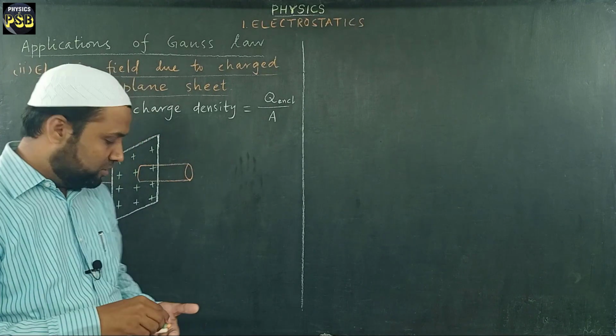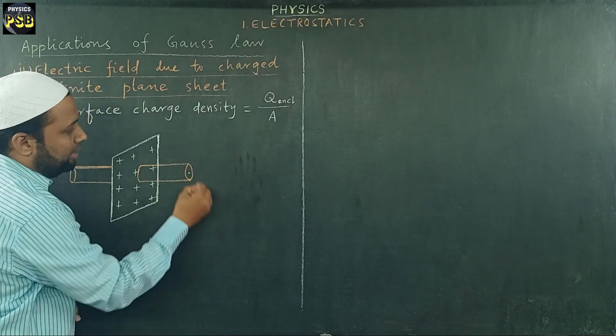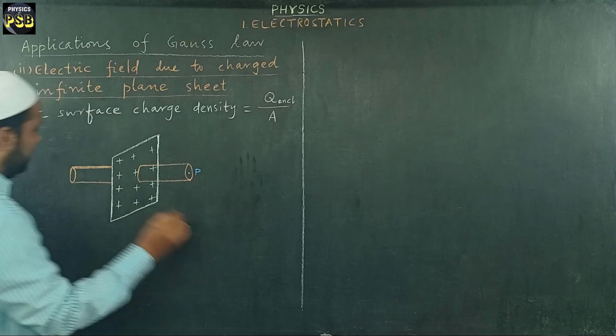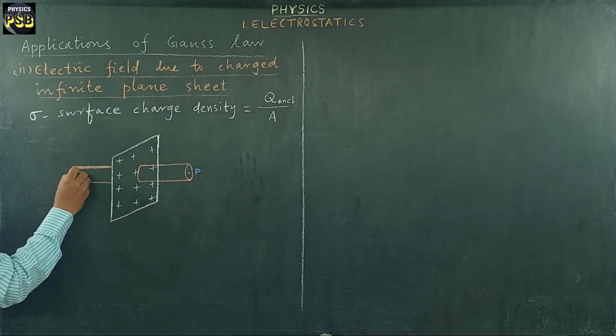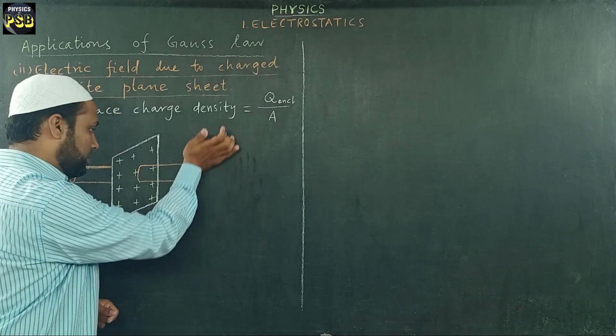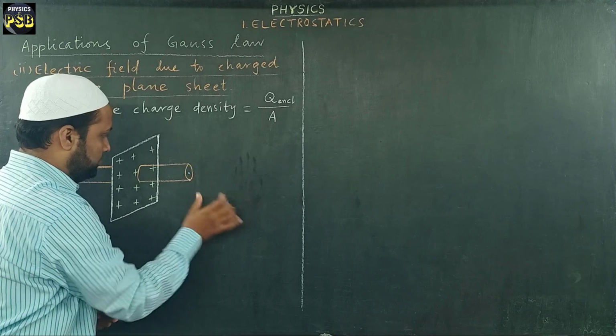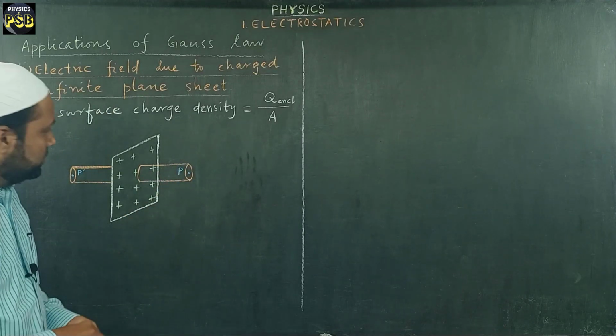Here I take one point. I name this as point P. I take one more point at this end. It is named as point P dash. This point P, I write it inside. Point P. This point P dash.